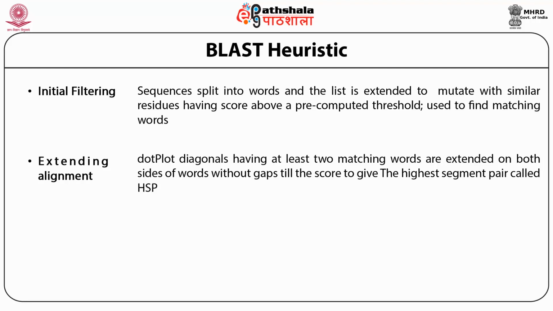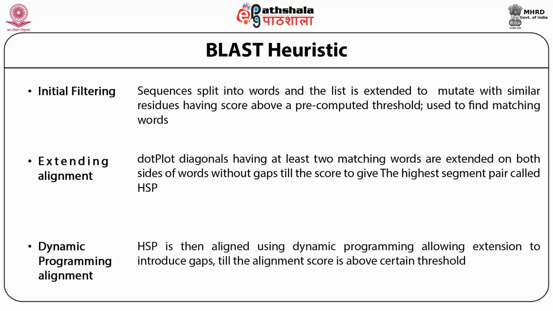Dot plot diagonals having at least two matching words are extended on both sides of the word without gaps till the score to give the highest segment pair, called an HSP, falls below a threshold. The HSP is then aligned using dynamic programming, allowing extension to introduce gaps till the alignment score is above a certain threshold, and are reported as local alignments. Consequently, more than one alignment may result for one query sequence.